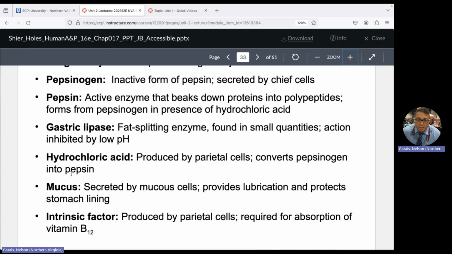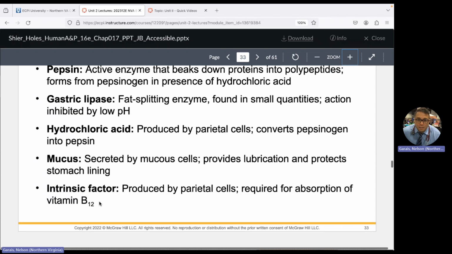Because there are a whole bunch of goblet cells making a protective layer of mucus against that harsh acidic environment. If you're stressed out, or you drink too much, or you have a genetic predisposition, this mucosal lining can wear away, and you'll get an ulcer, and that's not good.